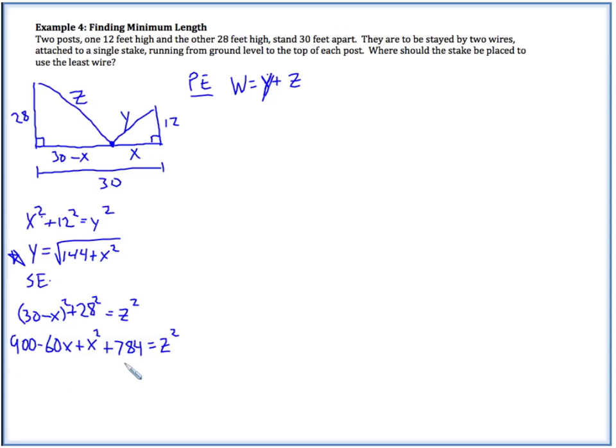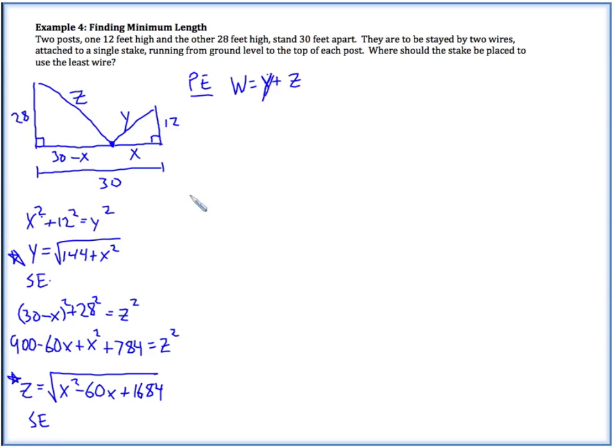And so we just want to combine these and take the square root. So z equals the square root of x squared minus 60x plus 1684. And so here is our second secondary equation.